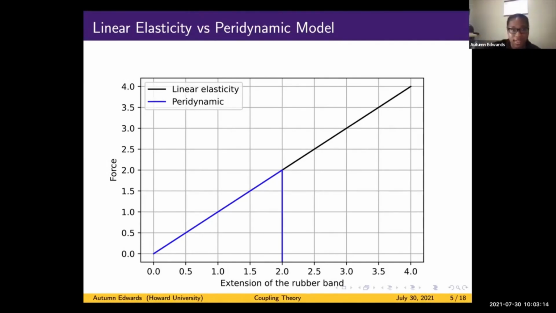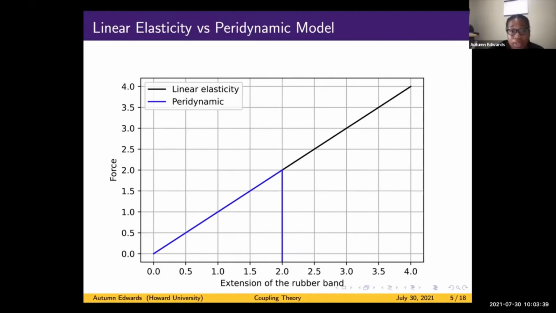In the linear elasticity model, this is without coupling, it goes on linearly, it would go on straight infinitely in that area. But in our peridynamic model, it would travel linearly, similar to the linear elasticity model, but at some point, because of the force, it would fail, which we see here. This is where it fails.